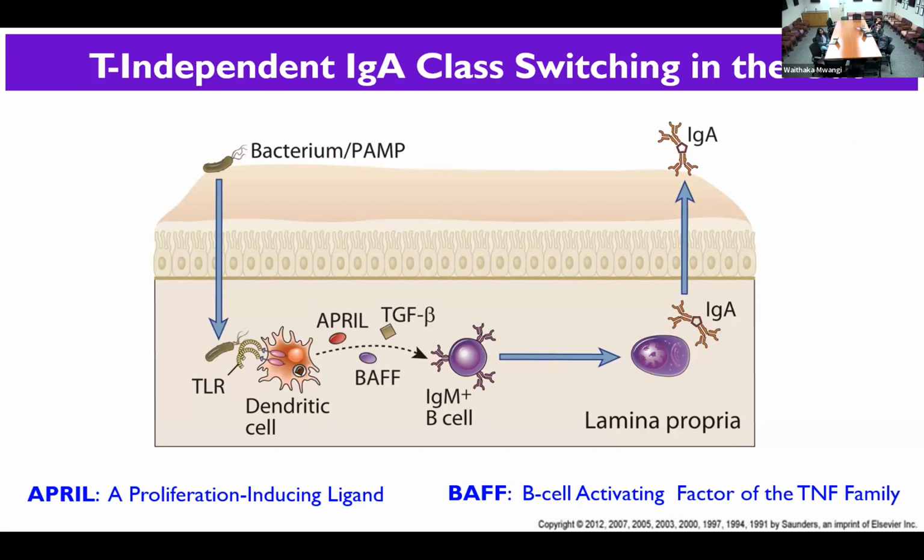And of course, from there, under inflammation conditions that are transient, because now you have a pre-existing stimulant, in this case a pathogen, you're able to have generation of memory. You also have generation of plasma cells. And plasma cells that are generated from here go through the cycle that I showed you, they home back into the gut. And then they become perpetual IgA secreting factories, and they're able to participate in immune protection.